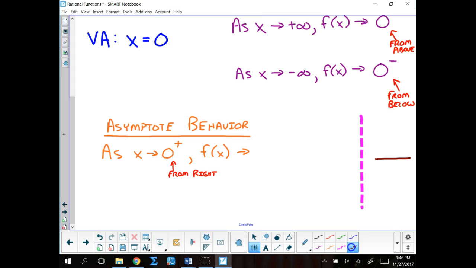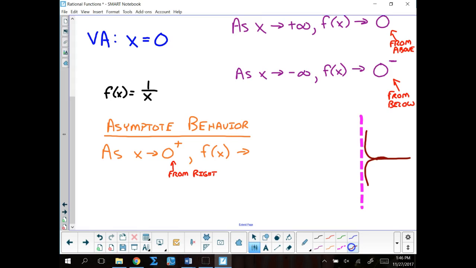It's either going to make a turn and go up, or it's going to make a turn and go down. But it can't just stop, because it can't cross over it. So my function again was 1 over x.